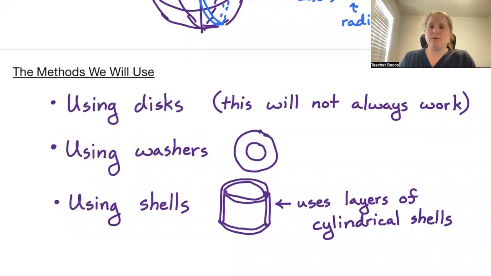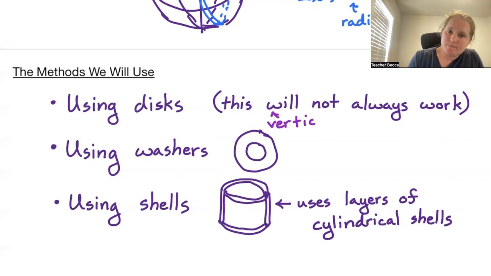The reason discs will not always work is the discs, the vertical cross sections have to be fully solid. They can't have holes. So for the discs, the vertical cross sections can't have holes, or actually I should just say the cross sections can't have holes.